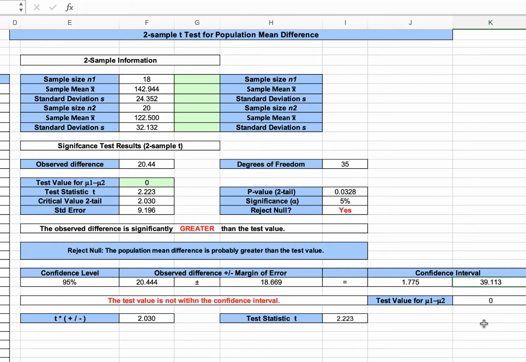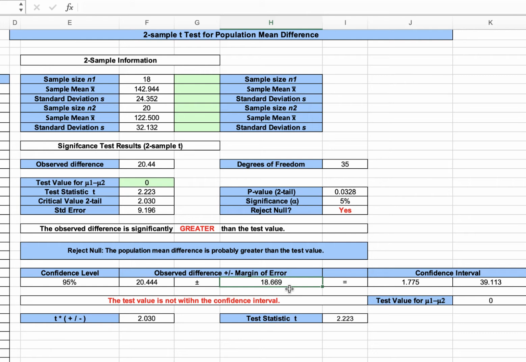Okay, so this is quite a significant change, but it could be rather small in amount, right? Once we factor in that rather large margin of error, you see, 20.44 is the observed change, but when we calculate the right margin of error for this case, it's all the way up to 18.67.